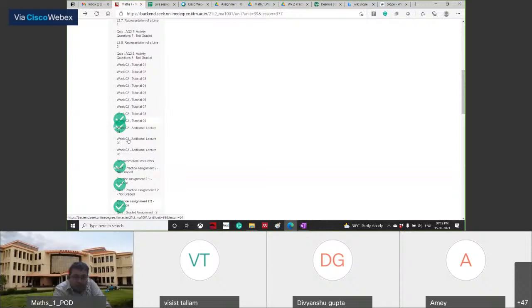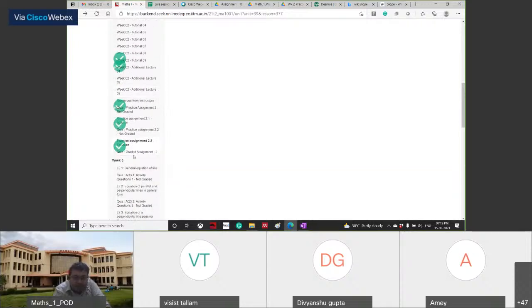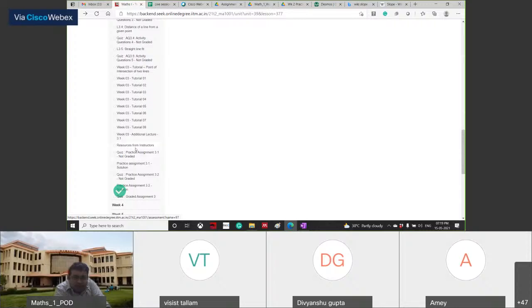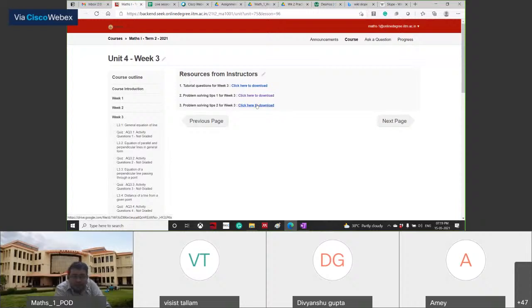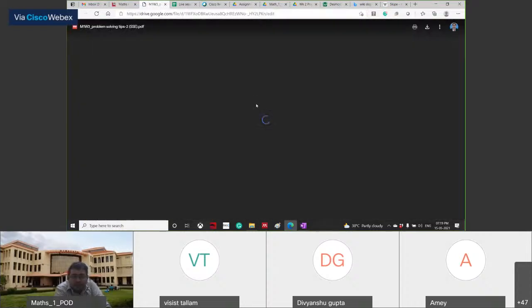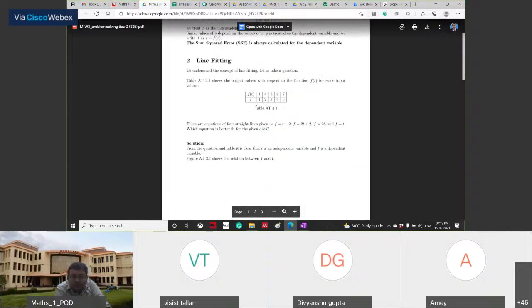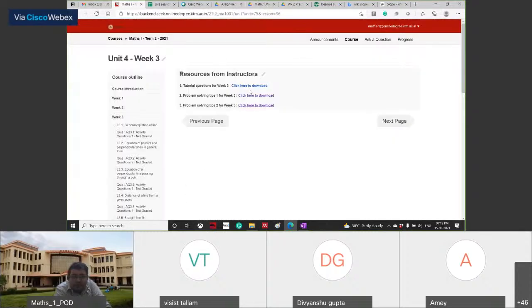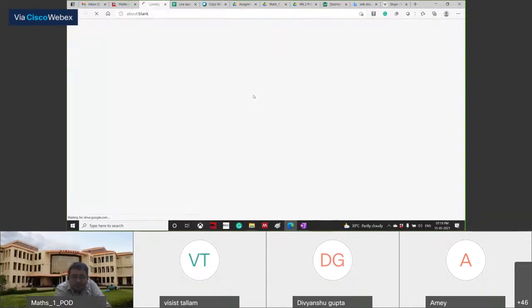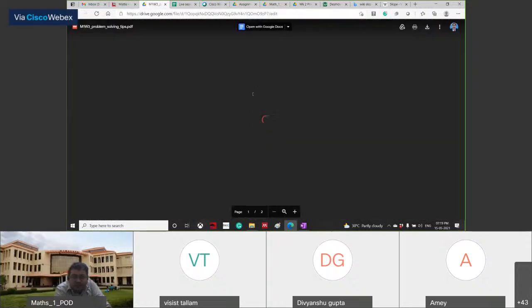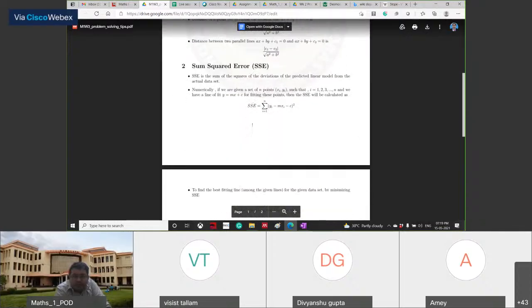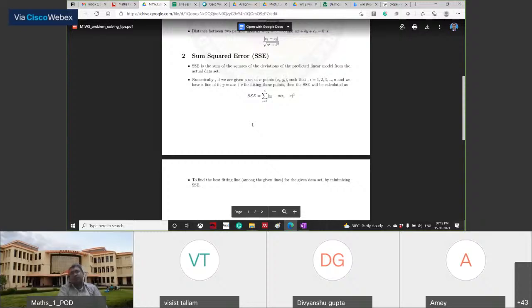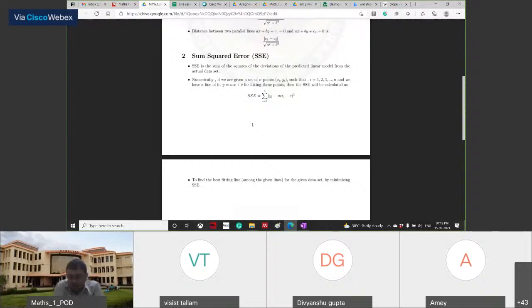Whenever some table is given, you always calculate the sum square error.